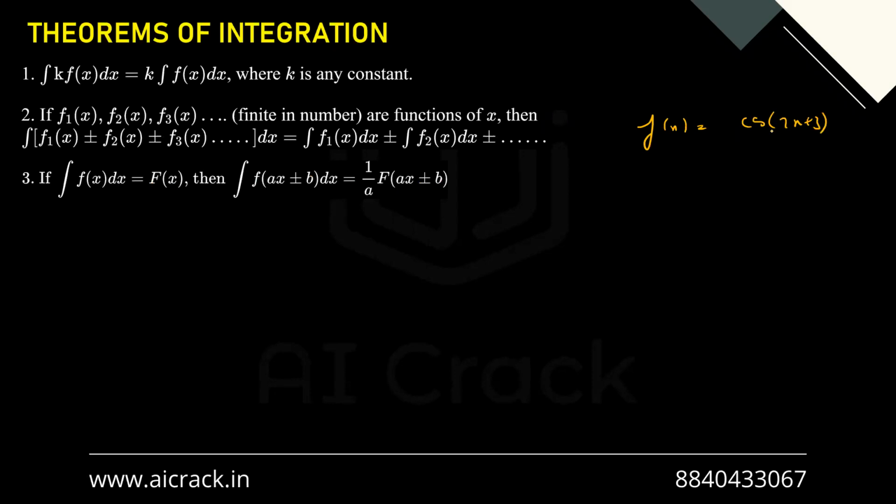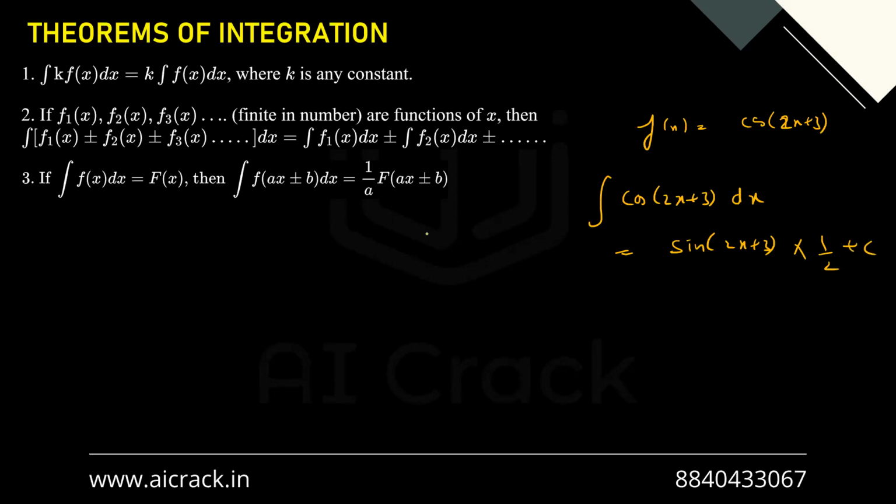The integral of cos(2x plus 3) dx: we know the integral of cos is sin, so we get sin(2x plus 3) multiplied by the reciprocal of the coefficient of x, that would be 1 by 2, plus c. This would be our answer.